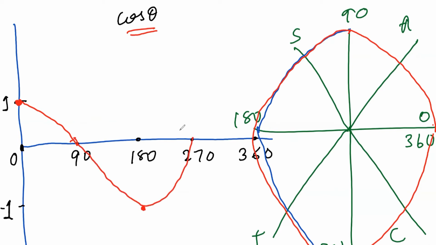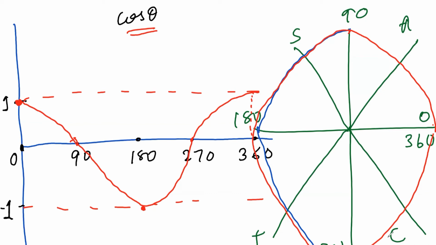And then from 270 to 360, I can very well see that it is positive. So 270 to 360 it is positive, that is quadrant 1 up to 1. So make sure that you draw in this manner, right?